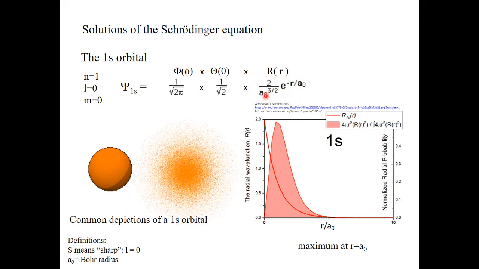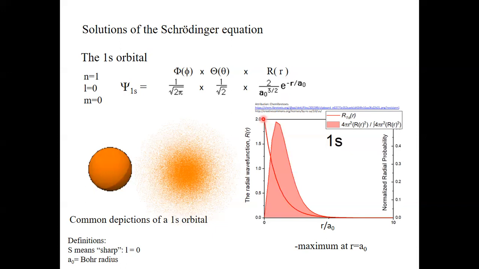Then we see that we also have a simple coefficient in front of that exponential term, which is 2 over a0 to the power of 3 halves, where again a0 is the Bohr radius. So again, this is just a simple number. Overall, we have a constant times e to the power of minus r over a0. That means that the wave function will exponentially decline as we go from the center of the atom further away from the nucleus.